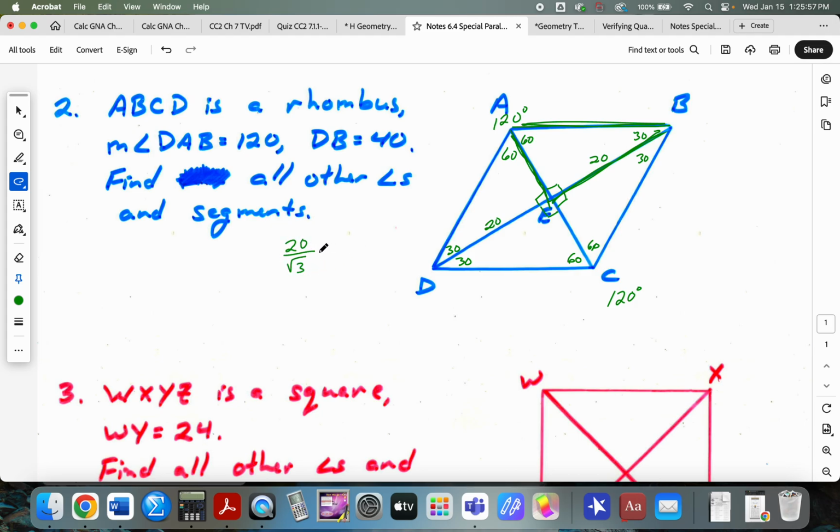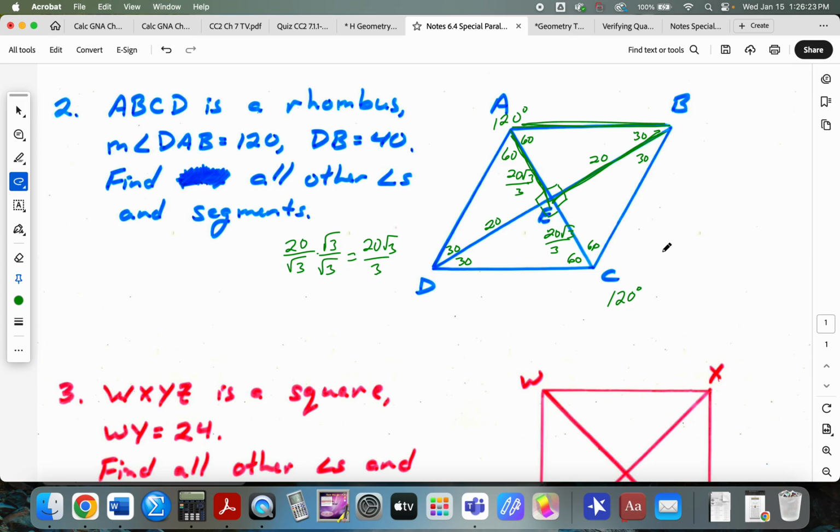This doesn't come out to be very nice, but that's okay. So that's 20 square roots of 3 over 3. Not much we can do with that. And since the diagonals bisect each other, this is also 20 square roots of 3 over 3.